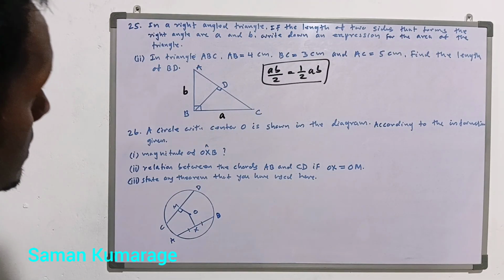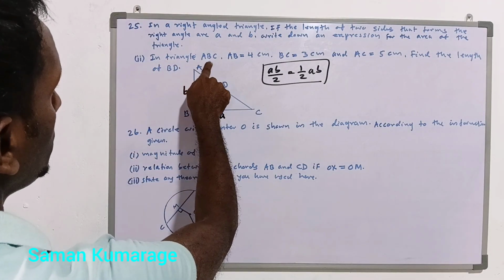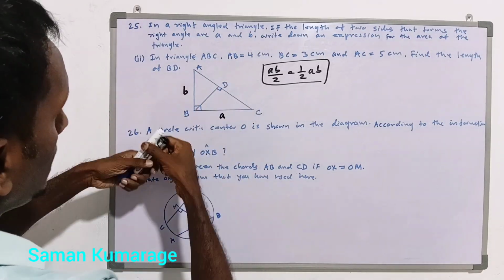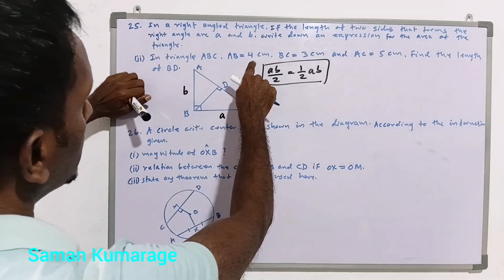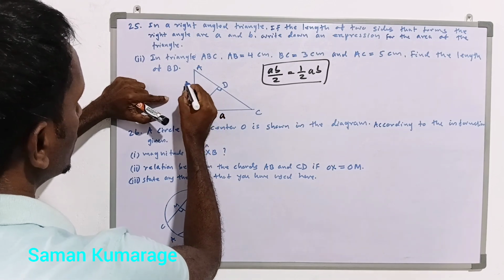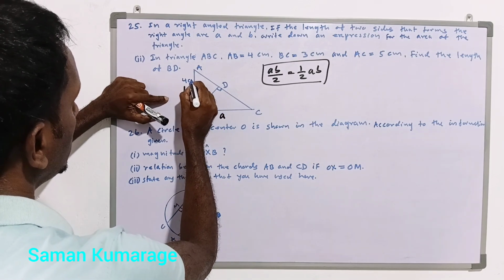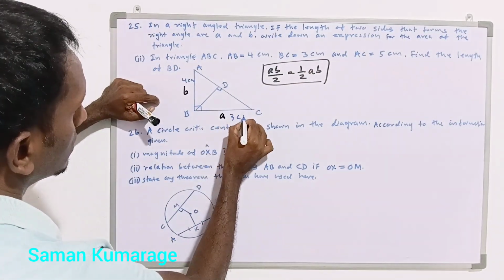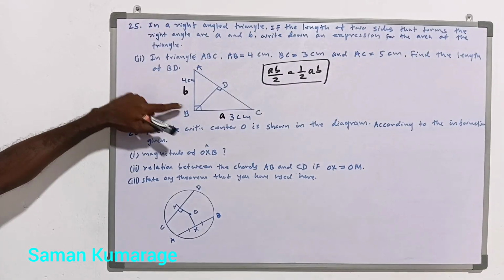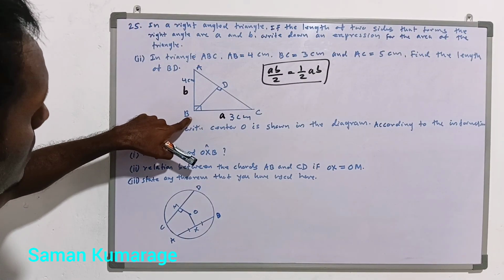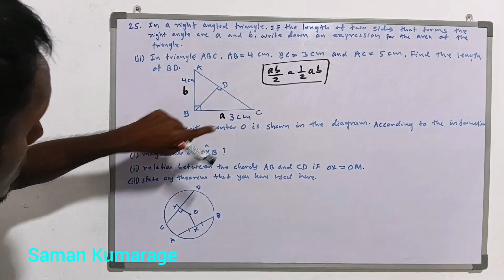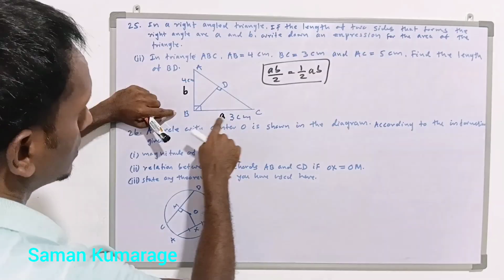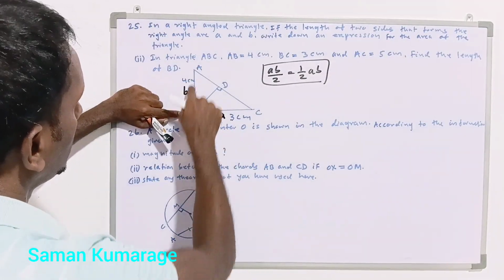And next they are asking, in triangle ABC, AB equals 4 centimeters, BC equals 3 centimeters. In my diagram BC looks longer than AB, but just ignore it, because BC is 3 centimeters and AB is 4 centimeters.